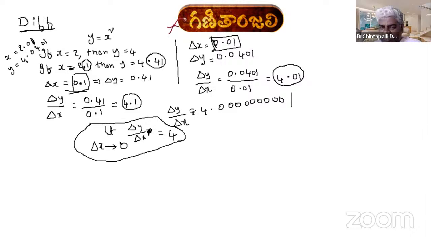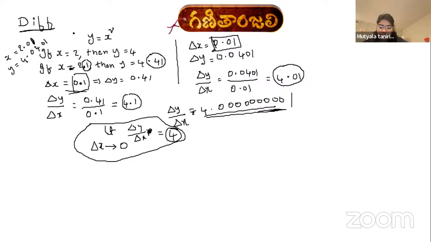If you go on reducing the value of delta x, the value of delta y by delta x is something like 4.000. So if delta x is almost 0 but not 0, then the value of delta y by delta x is 4. That is called the derivative of x square.